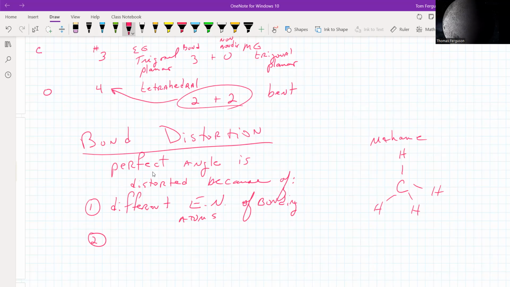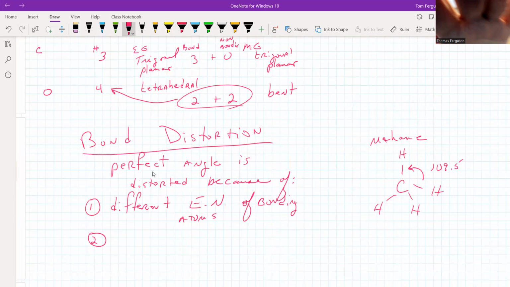And if those are all hydrogens like methane, this angle is 109.5 for a pure tetrahedral. However, when you differ from it having atoms that have different electronegativity spread out, that angle is no longer going to be 105 or 109.5. It's going to be something else.